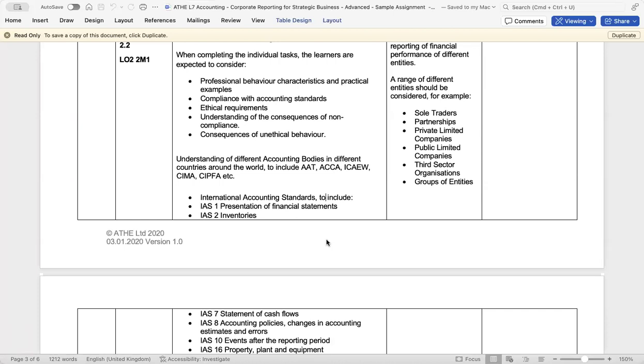Then confidentiality: this principle requires accountants to respect the confidentiality of information acquired during their professional work and not to disclose such information without proper and specific authority, unless there is a legal or professional right or duty to disclose.